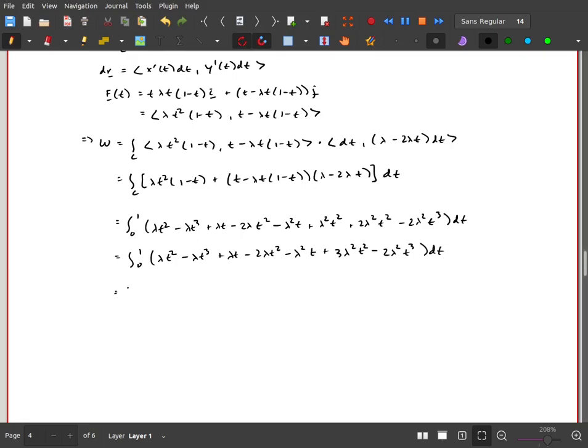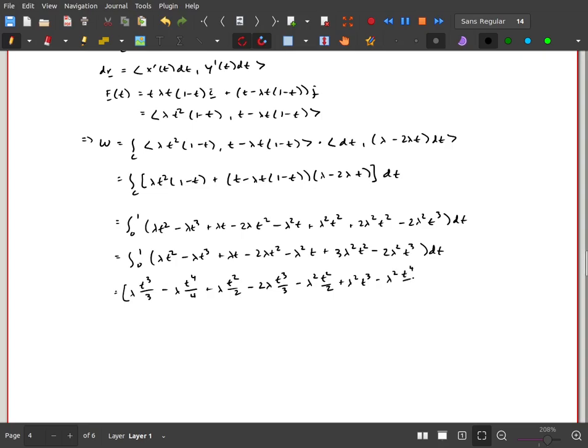Okay, so let's actually do the integration. So that will be lambda t cubed over 3 minus lambda t to the 4 over 4 plus lambda t squared over 2 minus 2 lambda t cubed over 3 minus lambda squared t squared over 2 plus, so this becomes lambda squared t cubed minus lambda squared t to the 4 over 2.